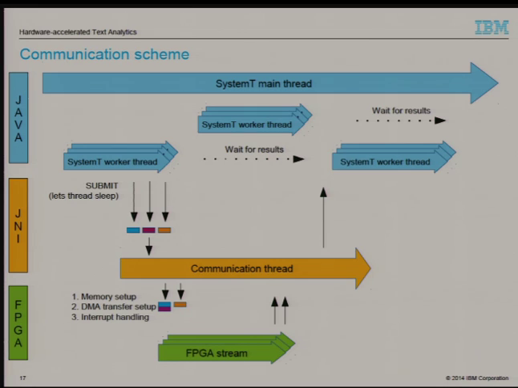So we decided to introduce some coalescing within this communication thread so that multiple documents would be grouped together before being sent off to the FPGA. And when the FPGA is finished, it would send the information back. It's already demuxed into the correct buffers. It just signals the thread that your results are ready, and then these threads could continue to run.